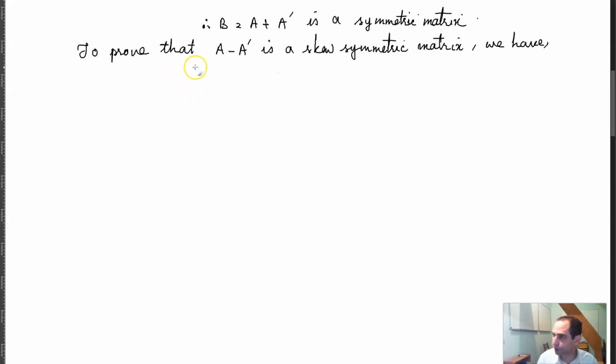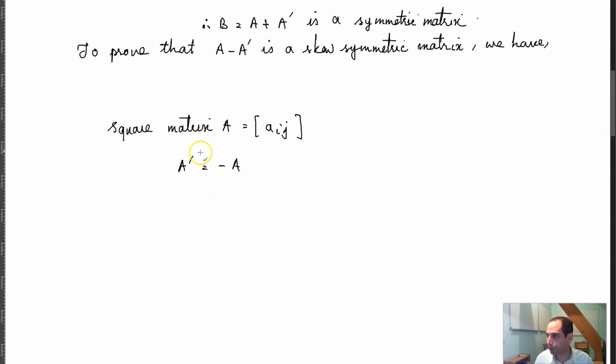Okay, so now in order to prove that A minus A prime is a skew symmetric matrix, by definition we said that if you have a square matrix A with entries A of ij, this matrix is said to be skew symmetric if A prime is equal to negative A, right?